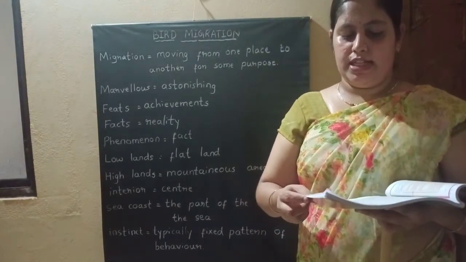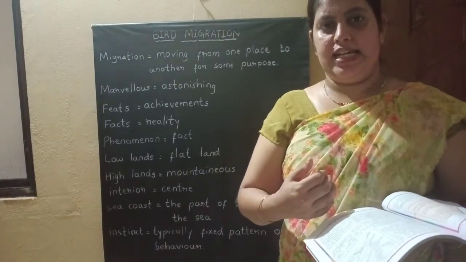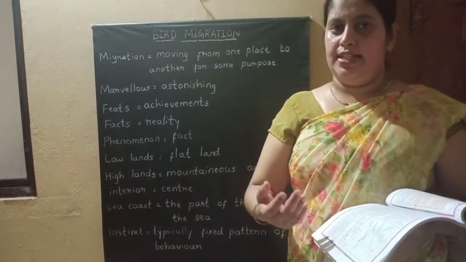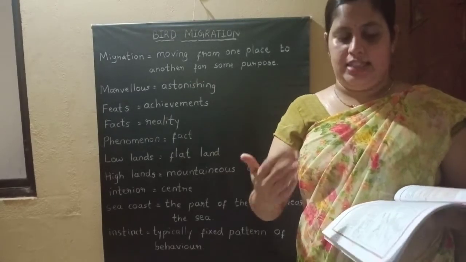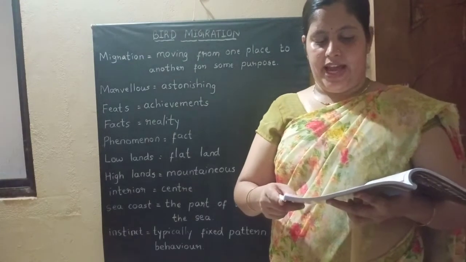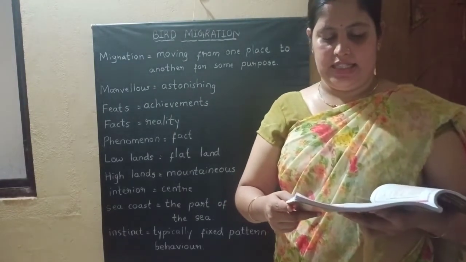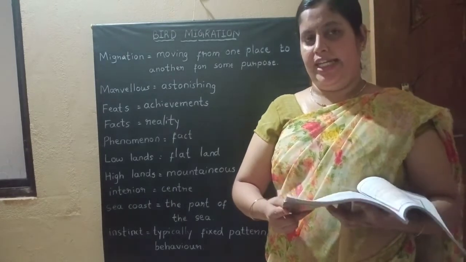How do the birds identify the seasonal changes? We can understand the changes in the season, but how do these birds understand them? It is said that birds can find the seasonal changes by knowing the length of the day.